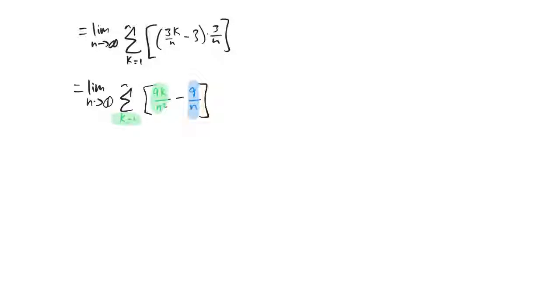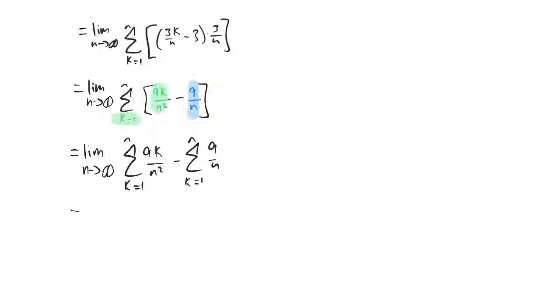So if we expand out this summation, we say the sum from k equals 1 to n of 9k over n squared minus the sum from k equals 1 to n of 9 over n, then this first sum is actually in terms of k.